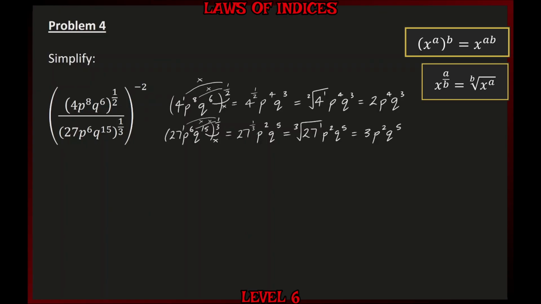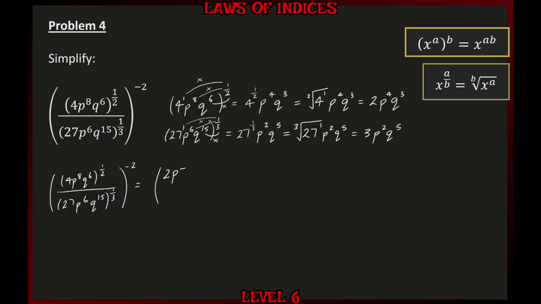Now that we've simplified our numerator and our denominator, we can rewrite our original problem, which was (4p^8 q^6)^(1/2) over (27p^6 q^15)^(1/3), raised to the power of minus 2, as 2p^4 q^3 over 3p^2 q^5, raised to the power of minus 2.